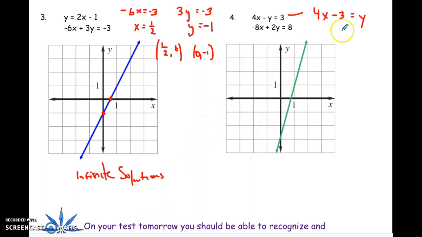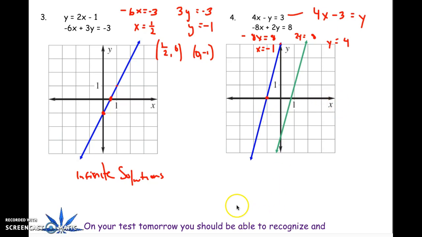Again, since this one you could solve for y or do the intercepts, I would see negative 8x equals 8, so x is negative 1. And I would see 2y equals 8, so y equals 4. So I would have my two intercepts, one at 4 and one at negative 1. And when I draw that graph, you notice they're parallel.